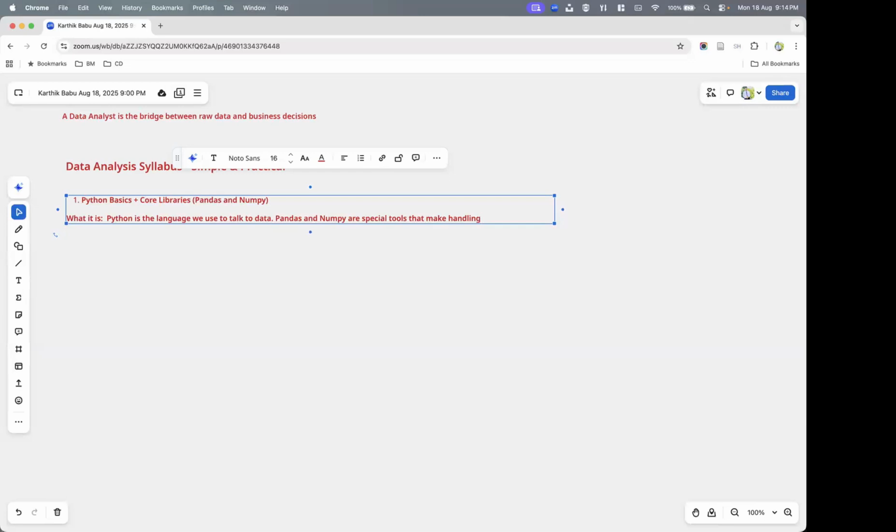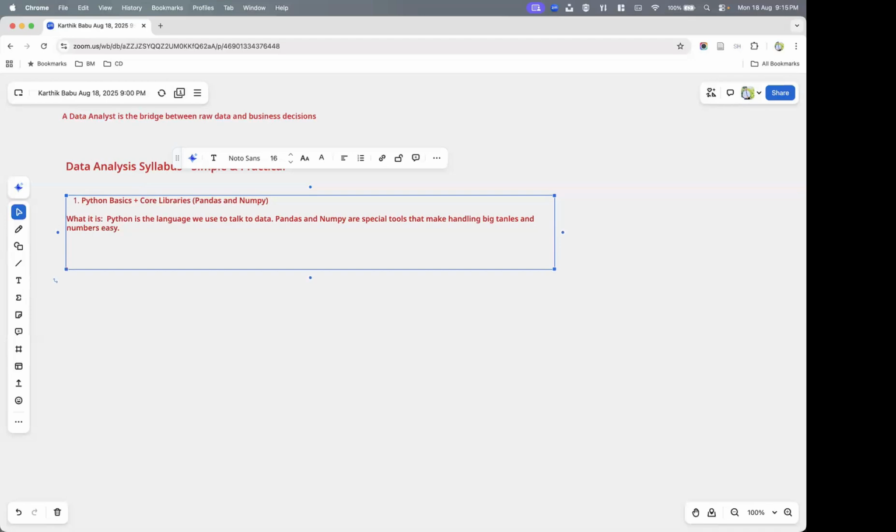All this huge data will be stored in the format of a table. So in order to work with huge data and huge tables, you need a tool. For that tool, we use pandas and NumPy. So pandas and NumPy are special tools that make handling big tables and numbers easy. Okay, so this is the point that I want to give you.